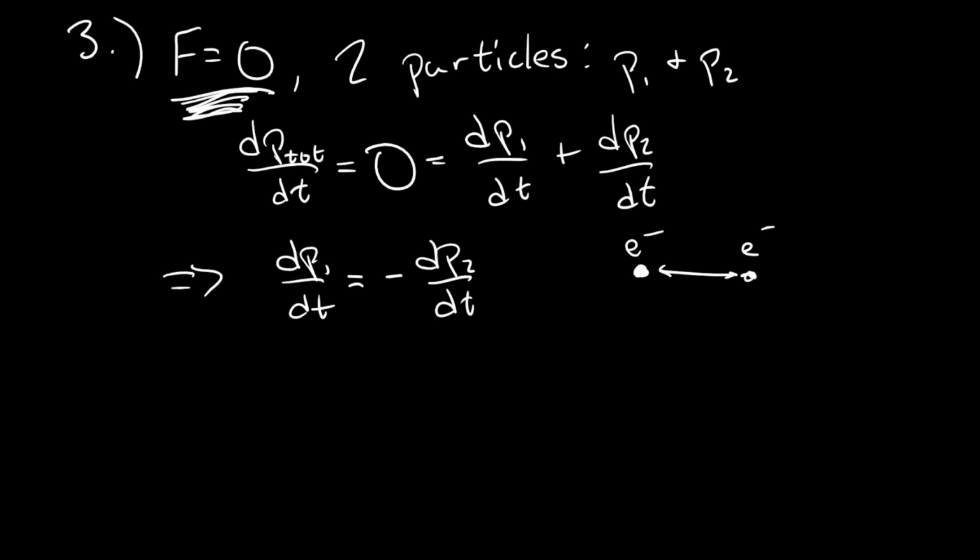That's one example where this might happen. So there's some force between the two, but it's not an outside force. It's coming from the system itself. So let's call this left-hand side the force of particle 2 acting on particle 1, and this is equal to minus the force of particle 1 acting on particle 2.